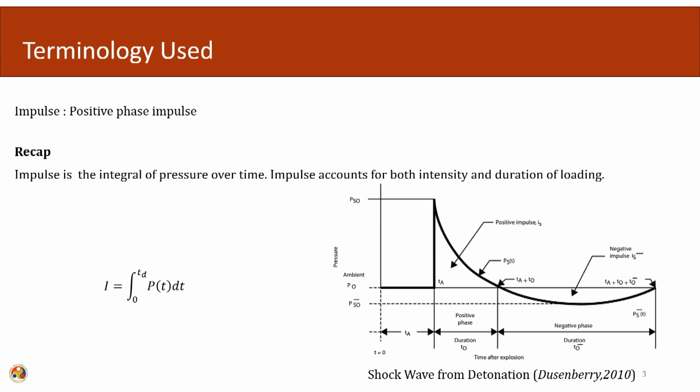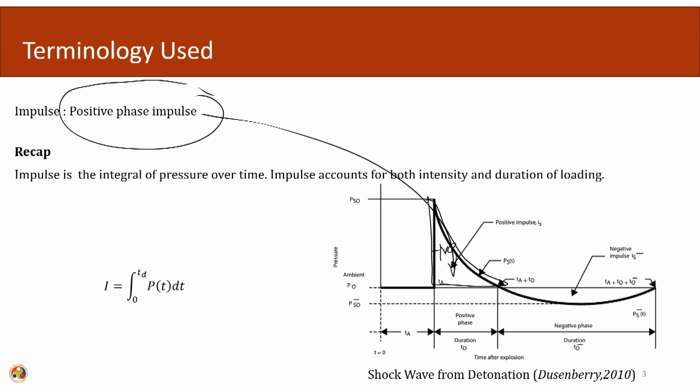Moving ahead, impulse. As we have seen, we have the positive phase impulse. This area we were calling the positive impulse phase. Impulse is the integral of pressure over time, basically the area under this curve.